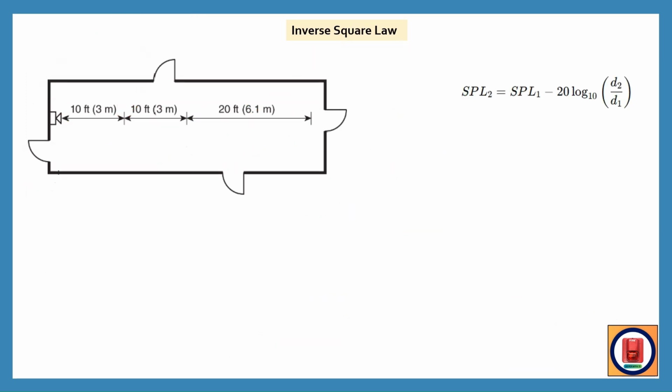From the earlier slide, we still did not select the rating for the horn. We understood that 60 dBA is the requirement for this particular occupancy.